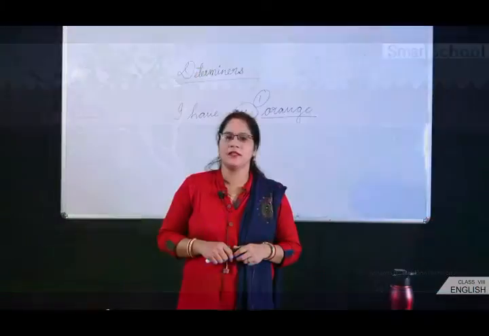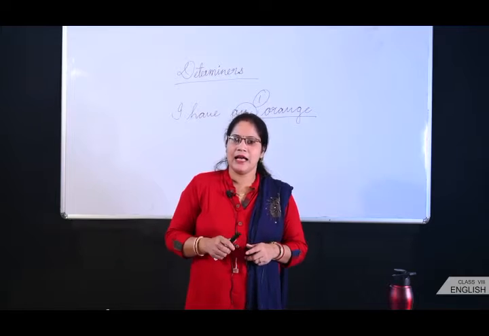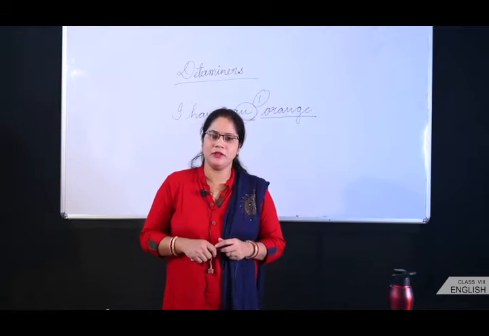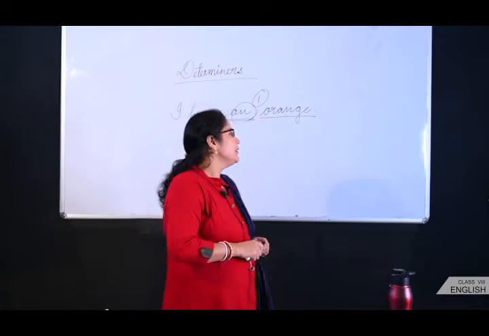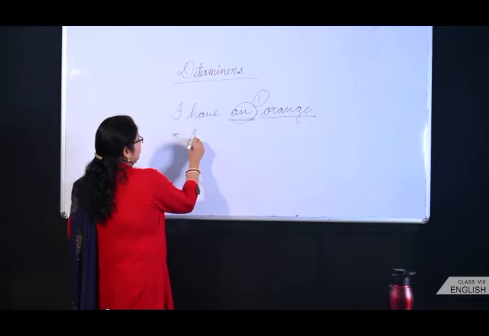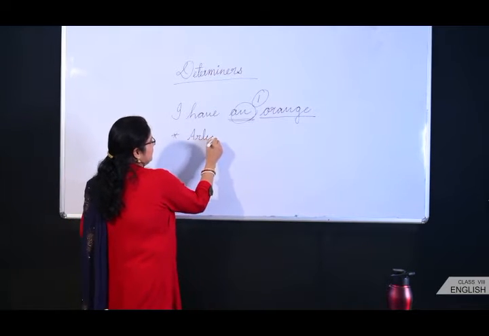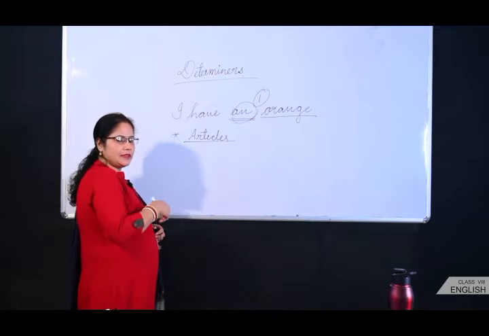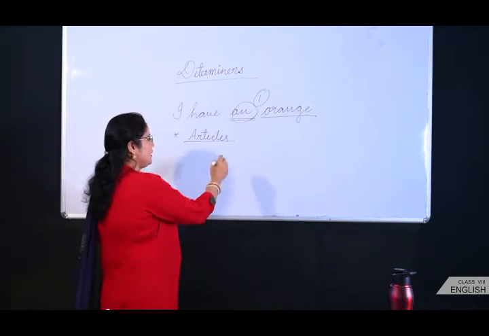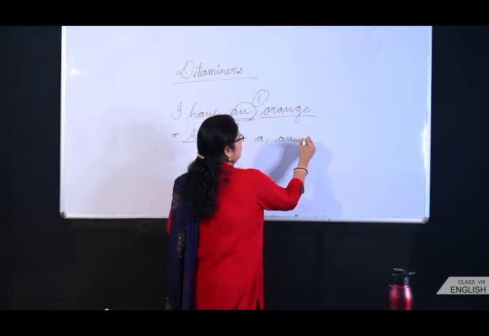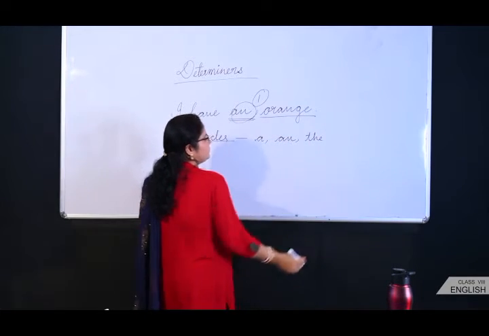Dear students, as you've seen in the video, there are so many types of determiners. Among these, one is articles. We have seen this in our earlier classes. Articles are a, an, and the.